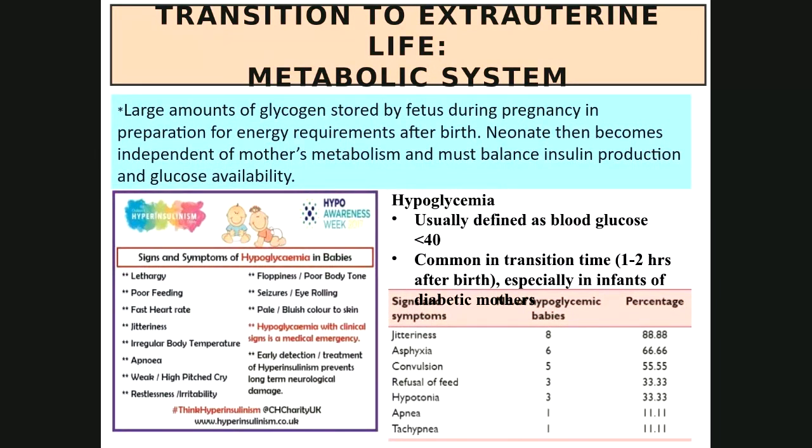Now, you're going to check the baby's blood sugar in a newborn, especially if that baby is large for gestational age, because I'm worried that that mom might have had diabetes, gestational diabetes, okay, which led to a large baby. So I want to make sure my baby is able to maintain its blood sugar. I'm going to check that baby's blood sugar.